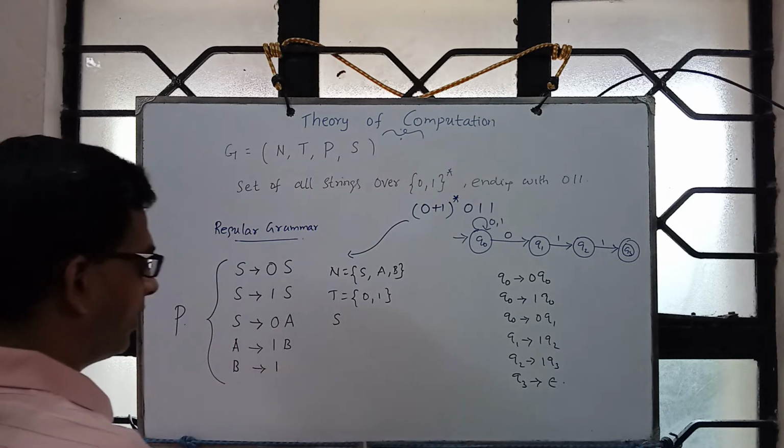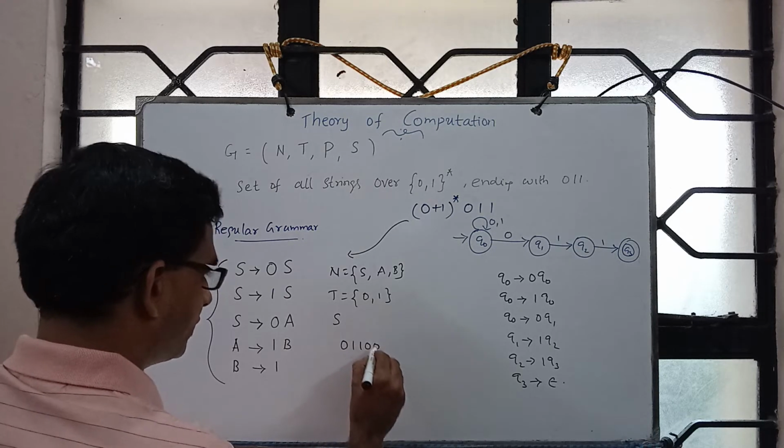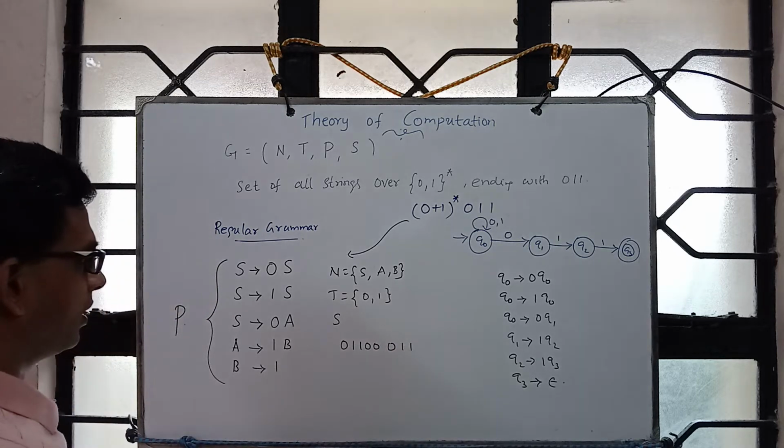Now let's look at a derivation. Suppose I need 0 1 0 0 followed by 0 1 1.